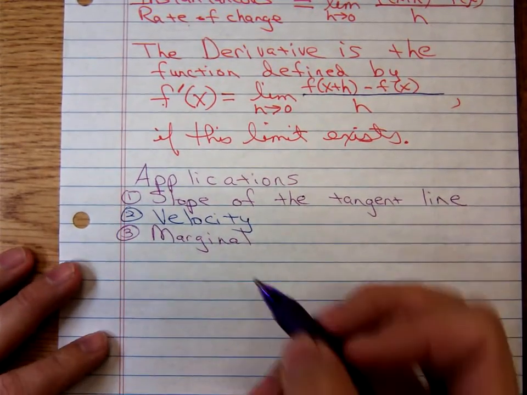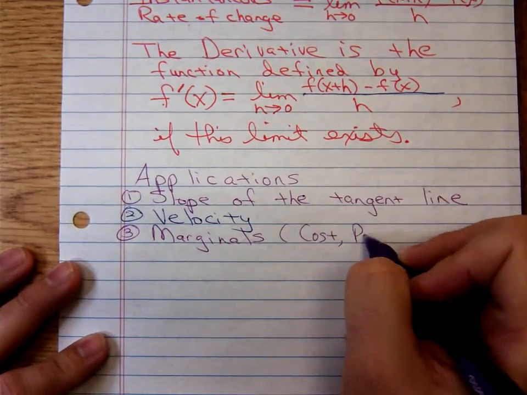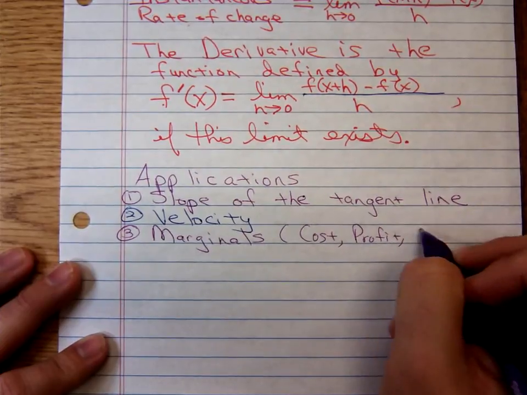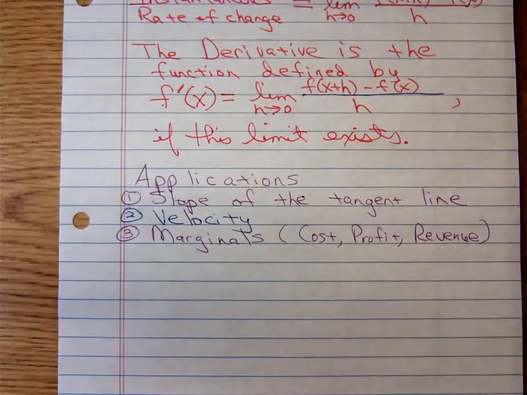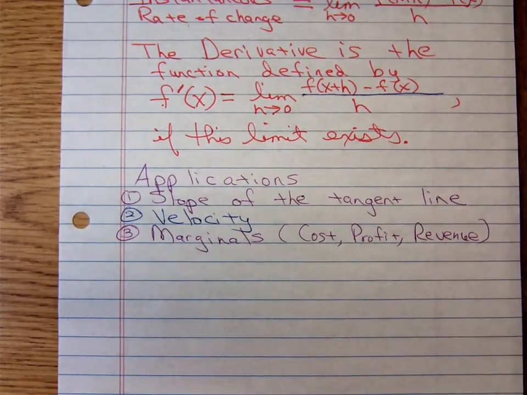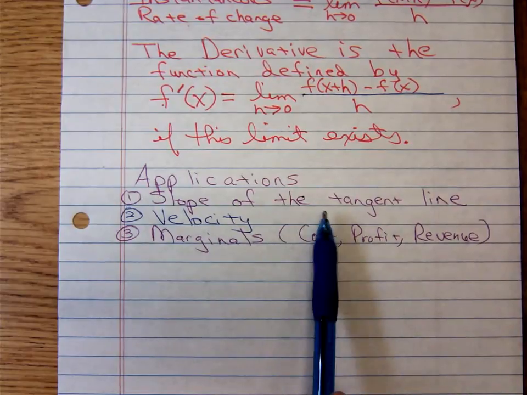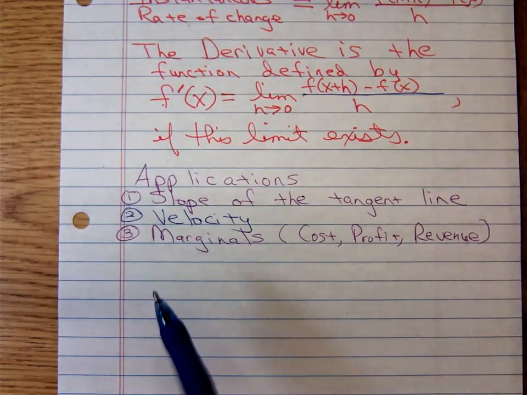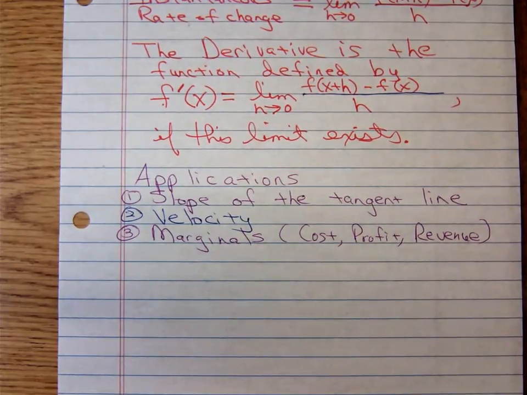I'll say marginals, and that's for cost, profit, revenue, and we'll see additional applications as we go through this. But right off the top of my head, slopes of tangent lines, velocity, and marginals are three applications that come to mind when I think of derivatives.